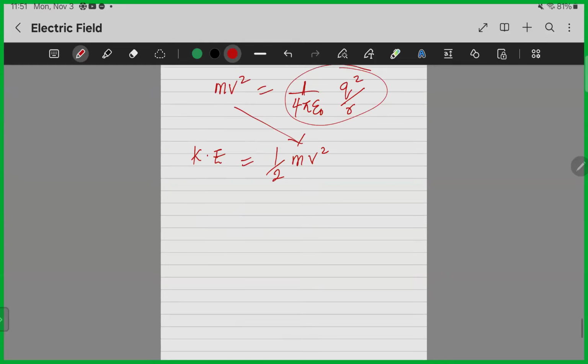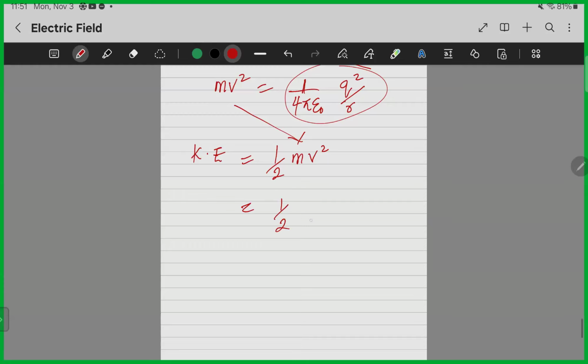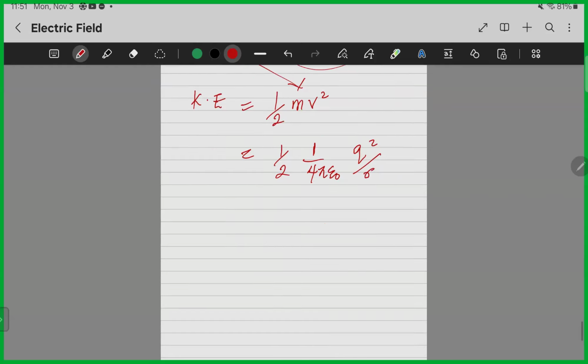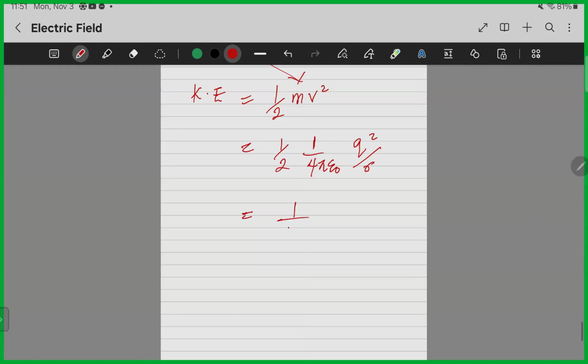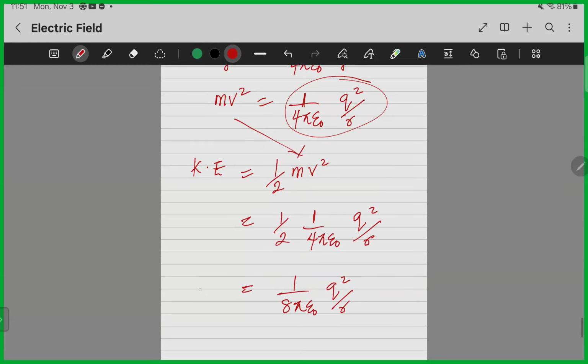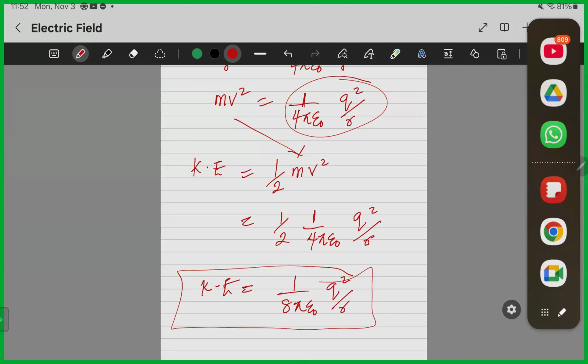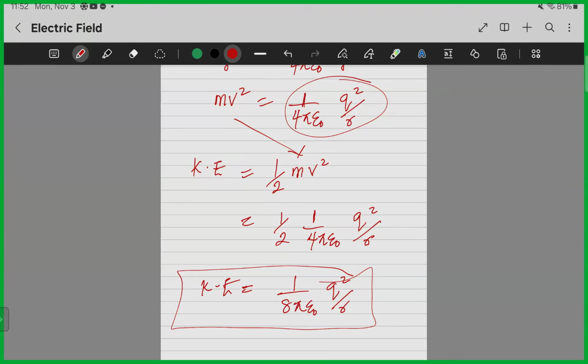So for an electron rotating around somewhere, the kinetic energy is basically 1 over 8 pi e naught q square over r. Take note of that. So this is kinetic energy. Keep that in mind. We've established that.